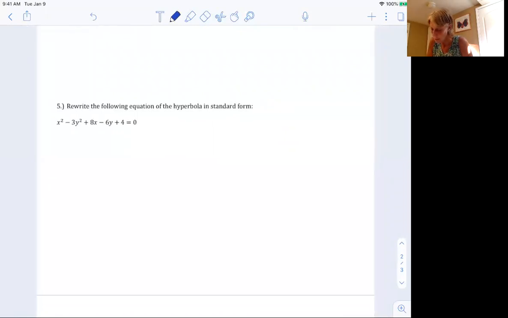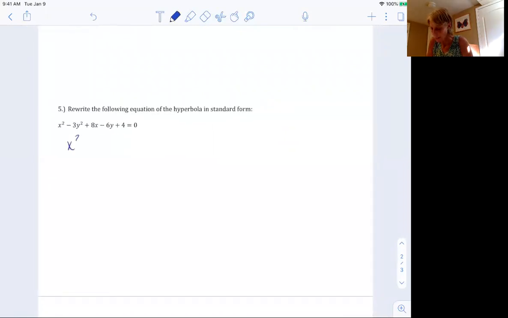So I have root my x's, x squared plus 8x, root my y's, move my constant to the other side. Ooh, this one's easy because this guy doesn't have to be factored. Now I'm factoring out a -3.